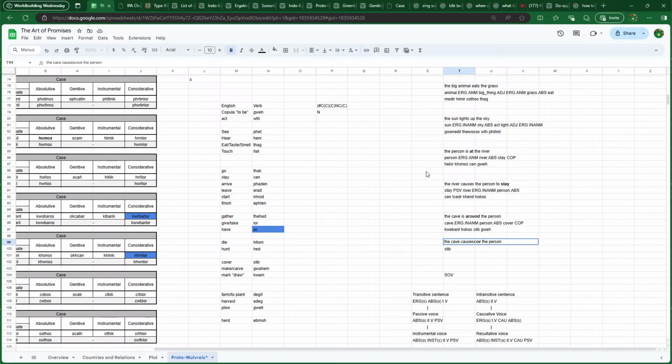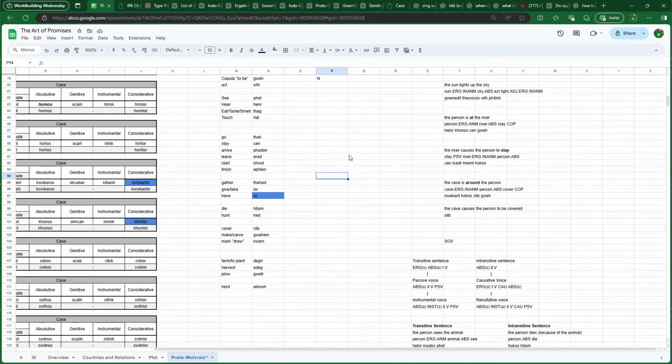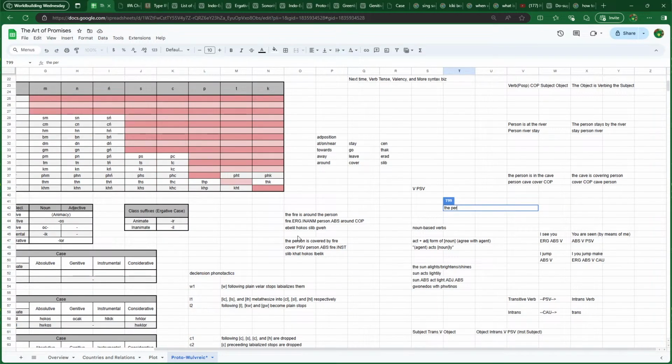No, this is the cave causes the person to be covered, right? No. Gosh, man, 2 hours in, my brain is fried. This is the exact same construction as this one. So the person is covered by the cave.